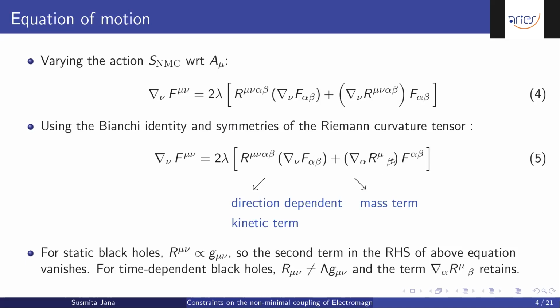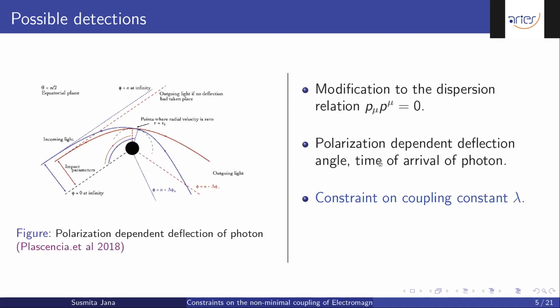But if we consider a time-dependent black hole, where the Ricci tensor is not directly proportional to the metric tensor, this term is retained.